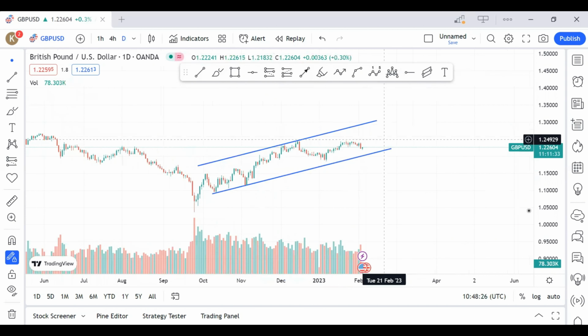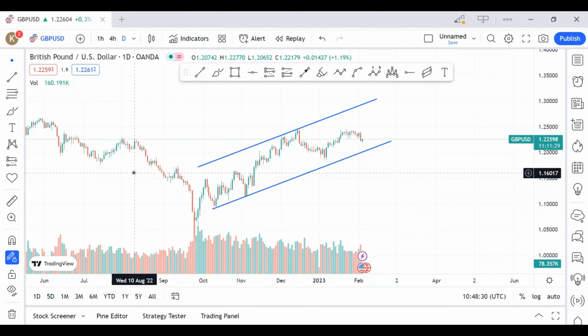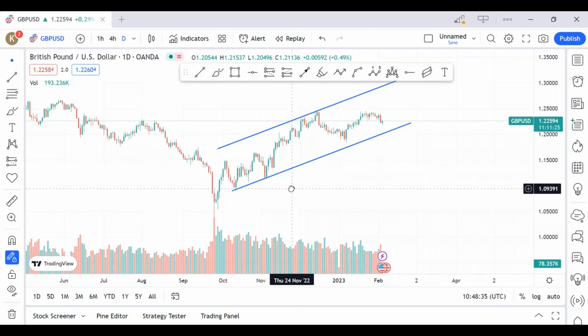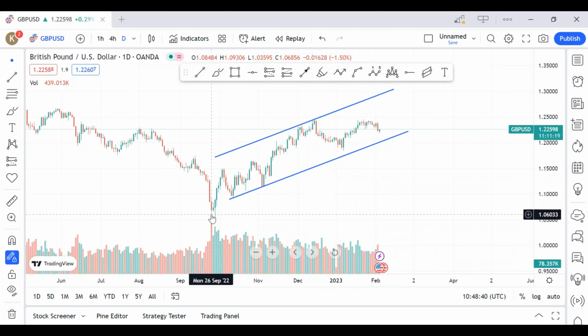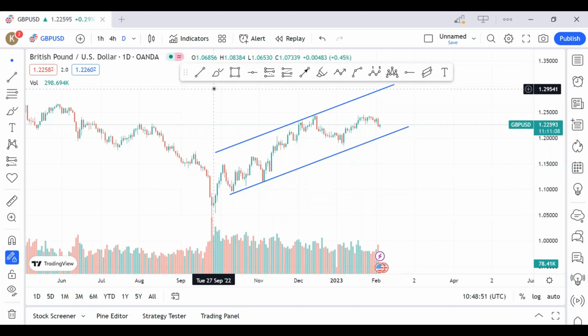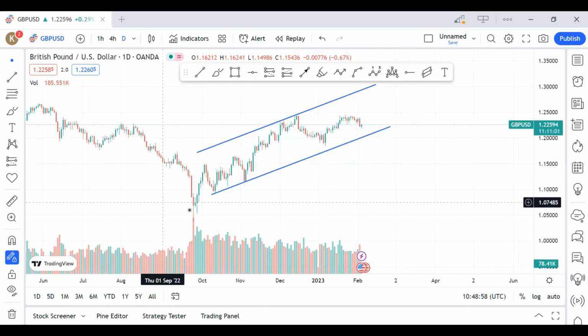At this level we can see that the market, after changing its direction from a bearish momentum or movement, decided to change its movement here. This is what we call change of market structure, COMS.